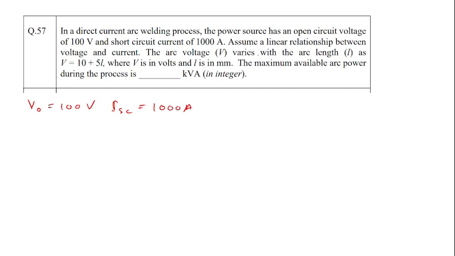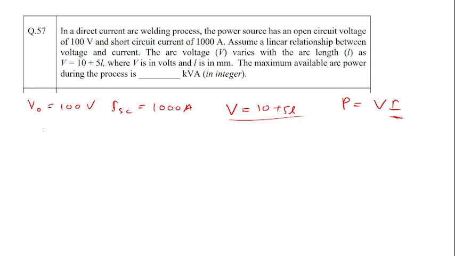The arc voltage varies with the arc length as 10 plus 5L, where V is in volts, L is in mm. The maximum available arc power. So power we know will be VI, right? So for V we have one equation. For I we need to get one equation.